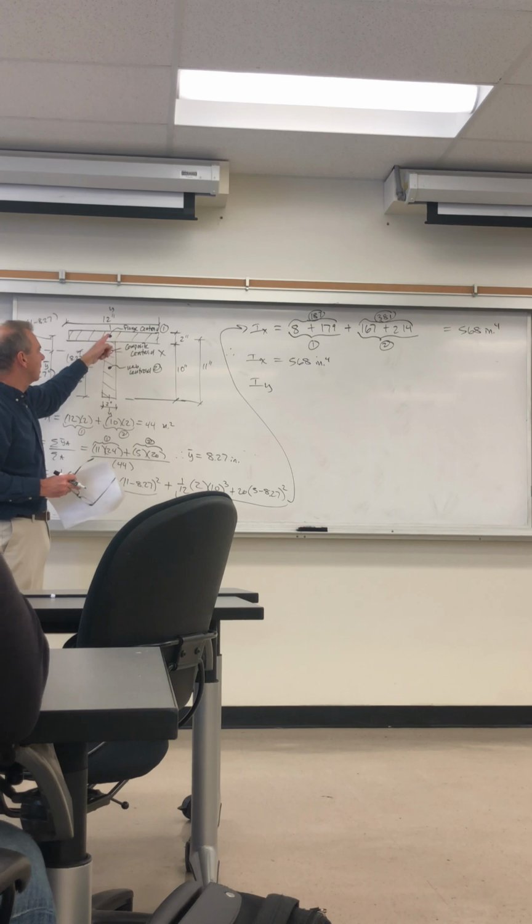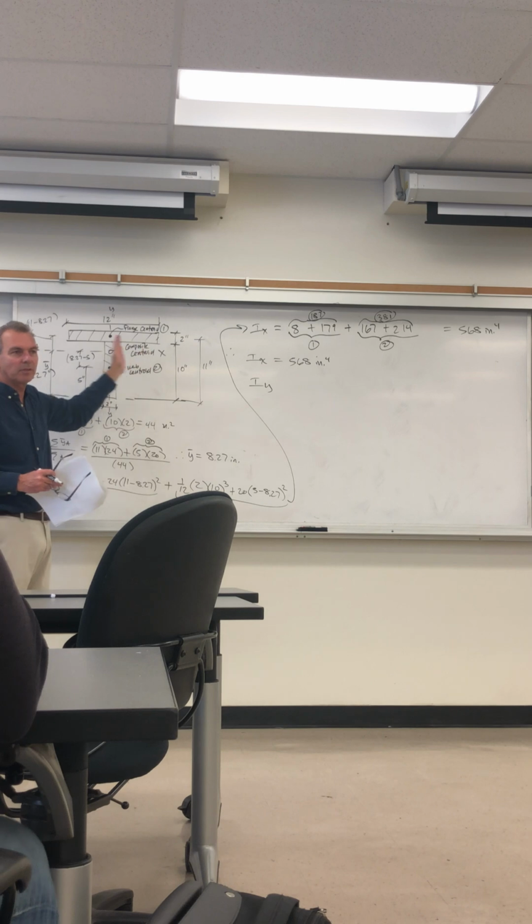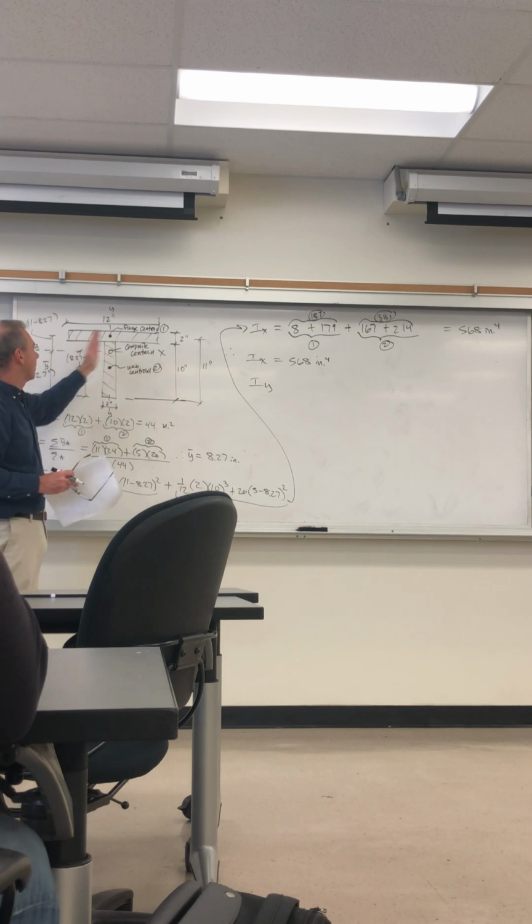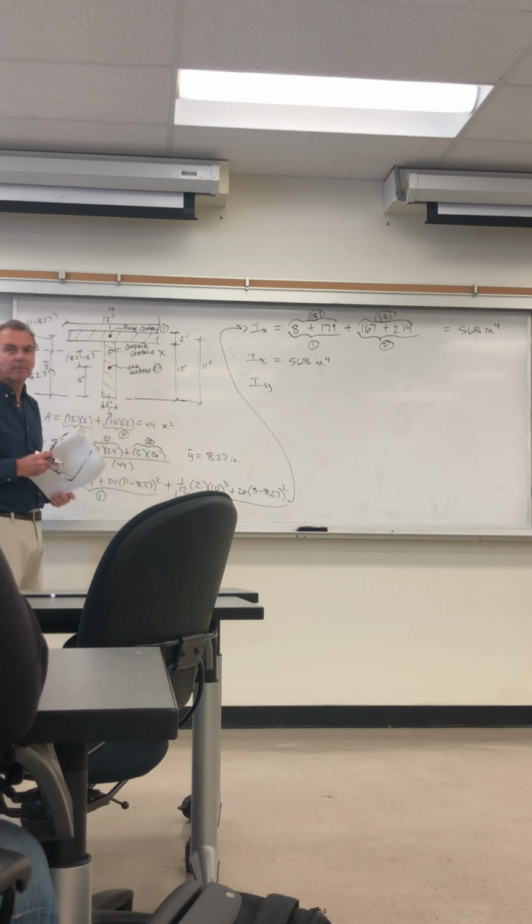The distance between the centroid of flange 1 and the composite centroid in the horizontal direction, in that direction, is 0. So it's just the moment of inertia about itself plus the moment of inertia about itself in that direction.